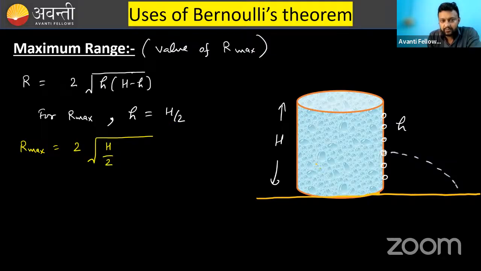Small h is replaced by H by 2, and H minus H by 2 will also be H by 2.